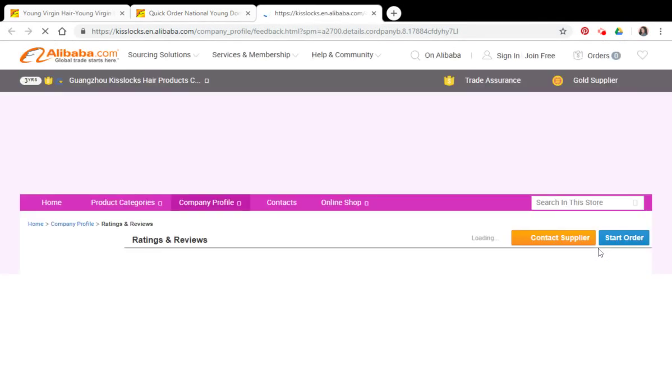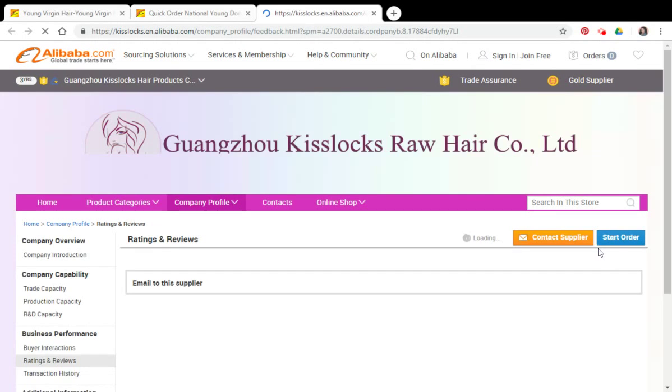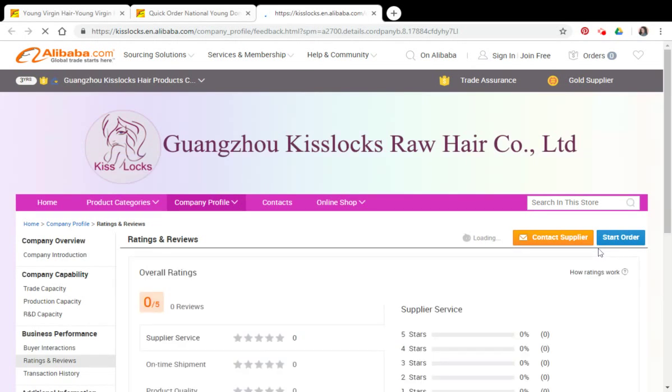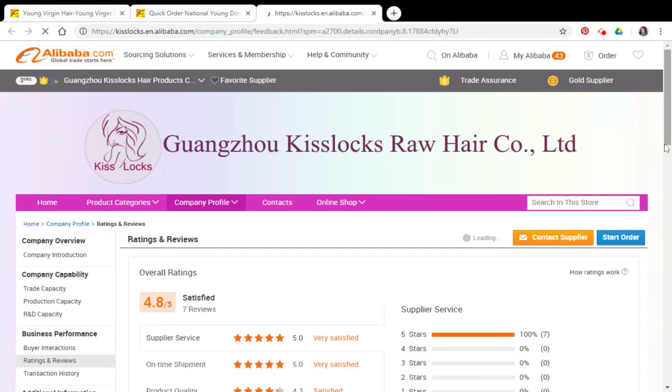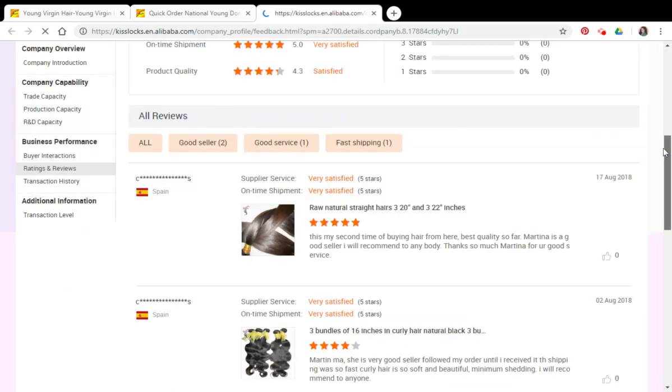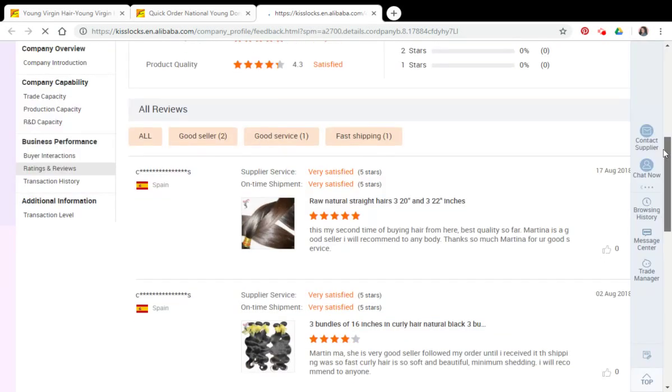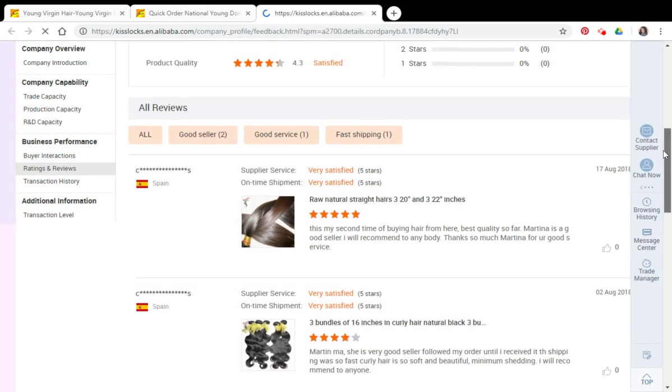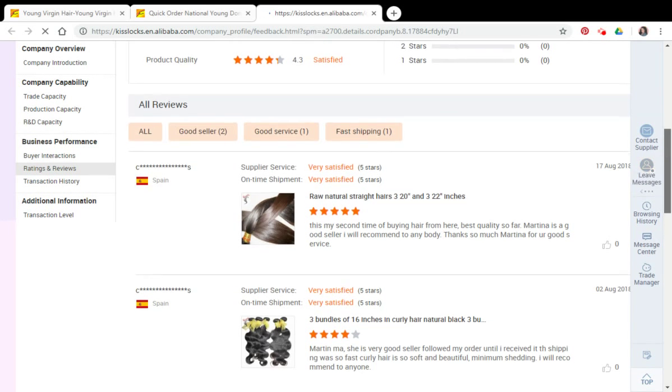Also, when you have a company, there's another way to check to see if there's any reviews on a vendor before you put the vendor on your list as a potential vendor to contact. Let's see. It says, "This is my second time buying hair from here. Best quality so far."